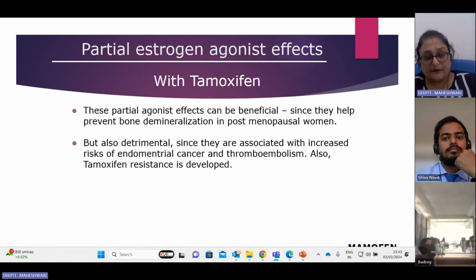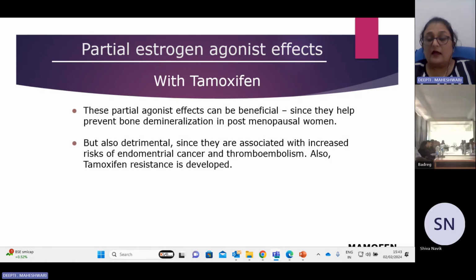Now, what is the detrimental side of the estrogen agonist effect? These females have a chance or have risk of landing up with endometrial cancer. Okay, so what is endometrial cancer? Endometrial cancer is nothing but cancer seen in the uterus only.